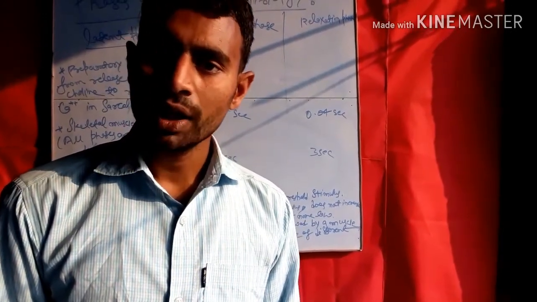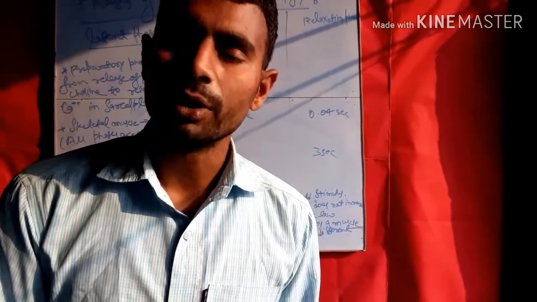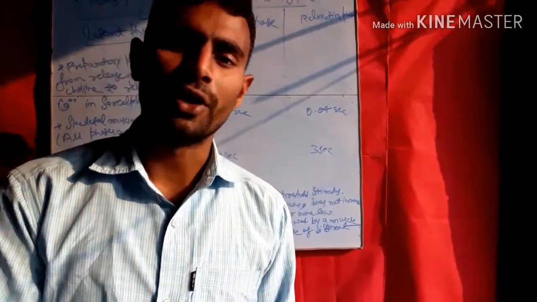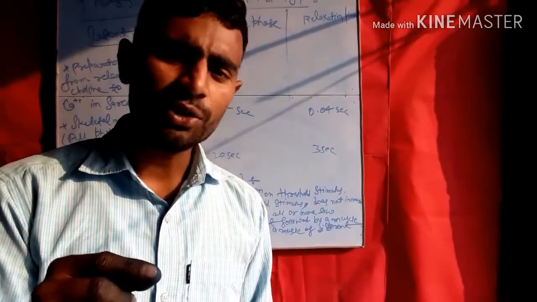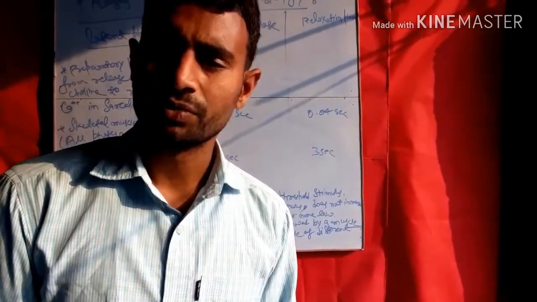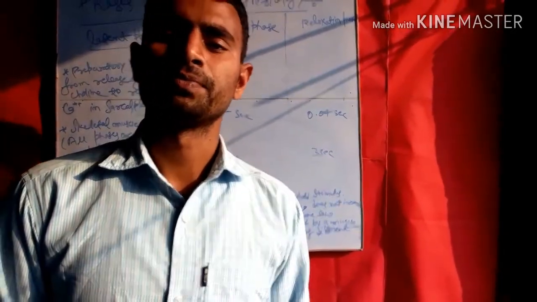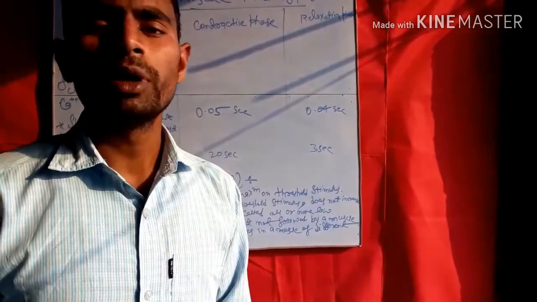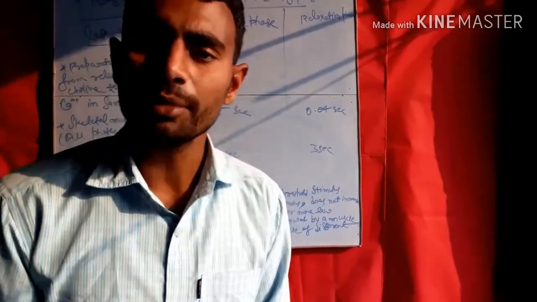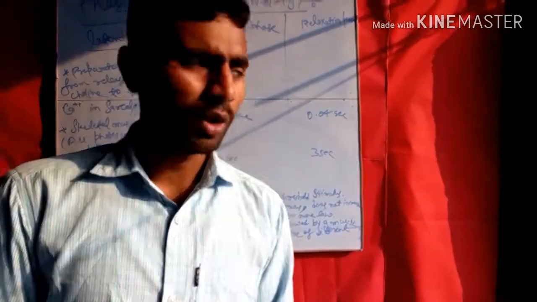Cardiac means heart, so cardiac muscle is present in the heart. Two muscle shapes are the striated muscle and the smooth muscle.